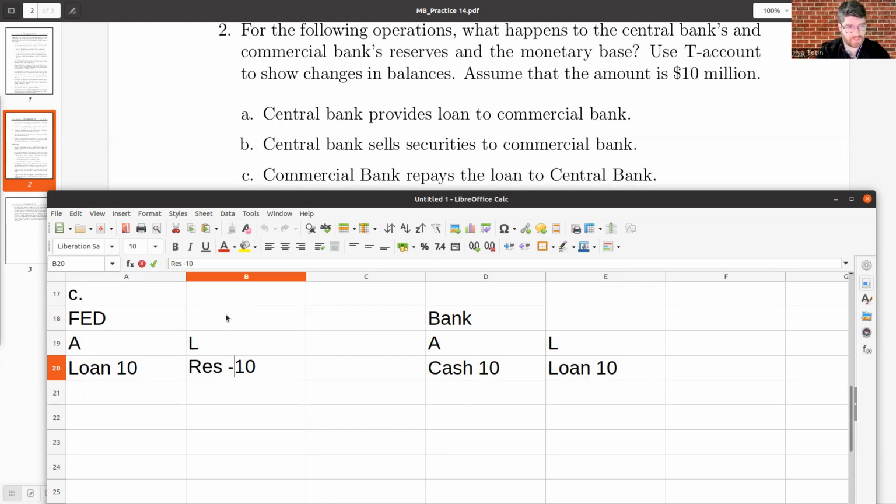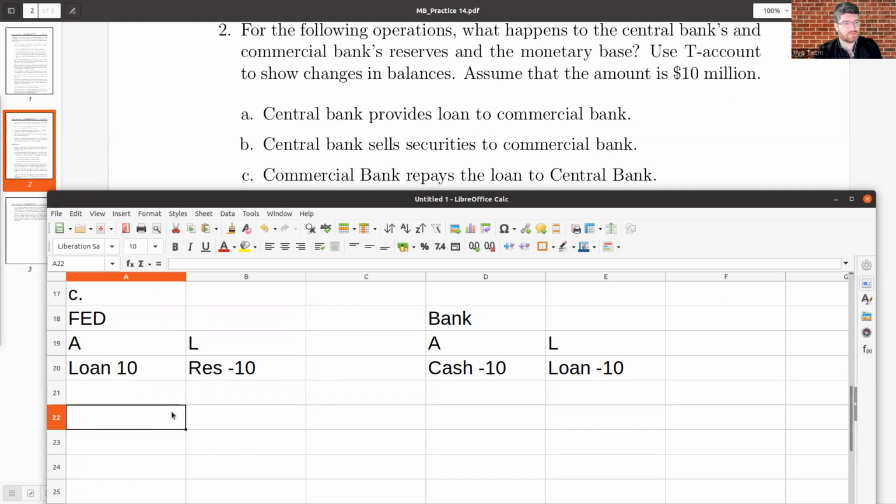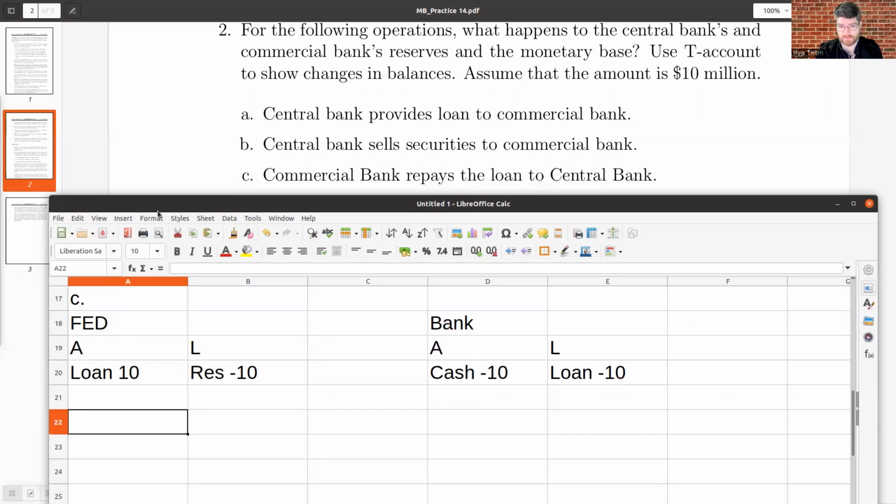The reserves will be minus 10, the cash will be minus 10, and the loans will be minus 10. So this is the repayment: 10 million, loans go down as a liability, paid by cash. So the reserves which were created in the central bank will go down by 10 million. All right.